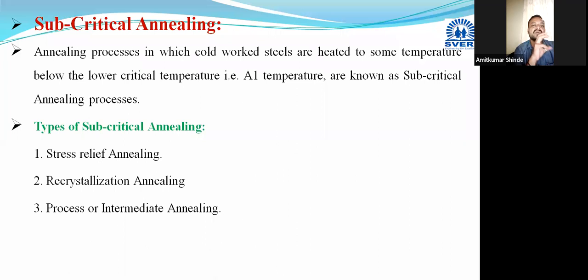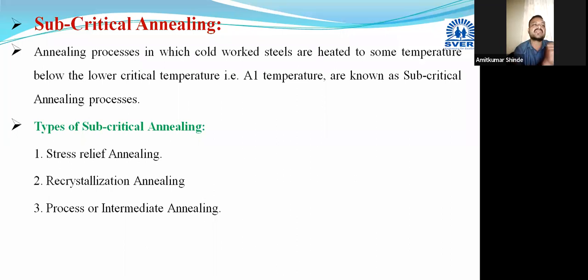During this holding time, whichever stresses are there, only stresses will get eliminated in this stress relief annealing. The heating temperature range is 500 to 550 degrees Celsius. Some holding period is provided, and after that the sample is cooled.